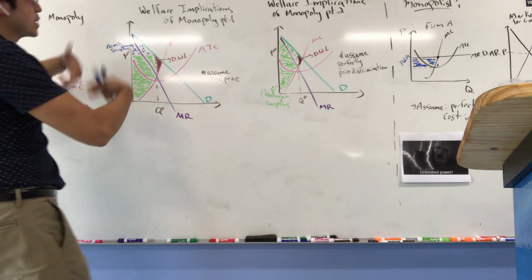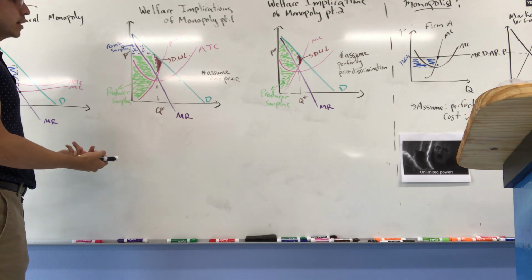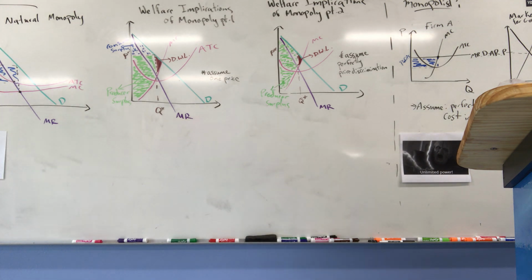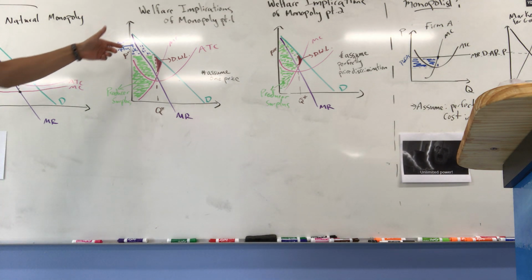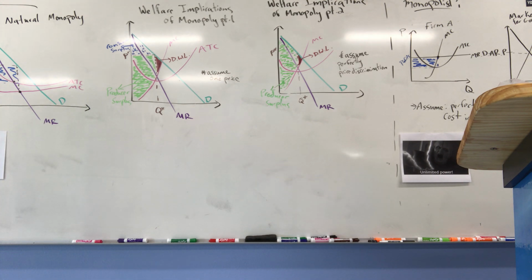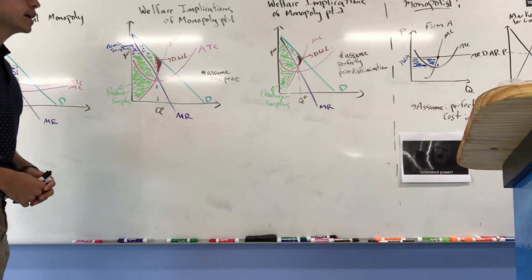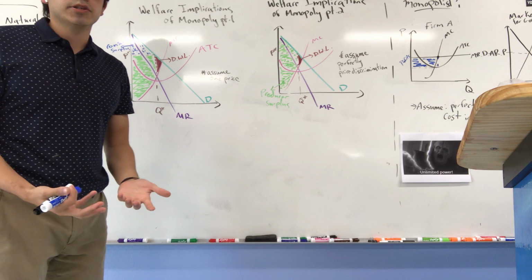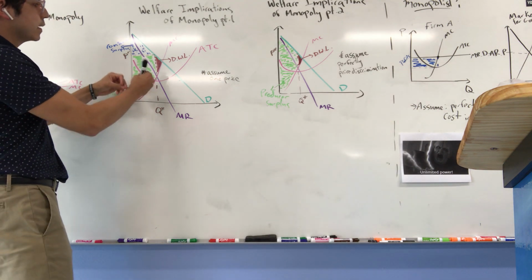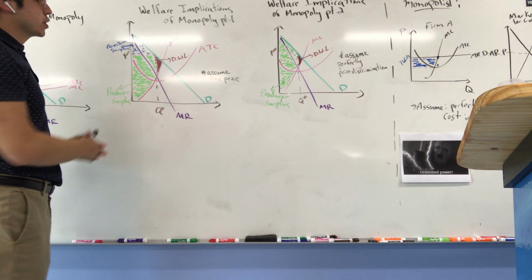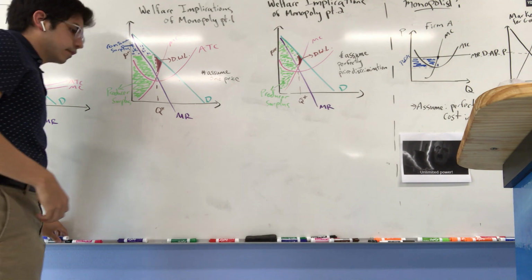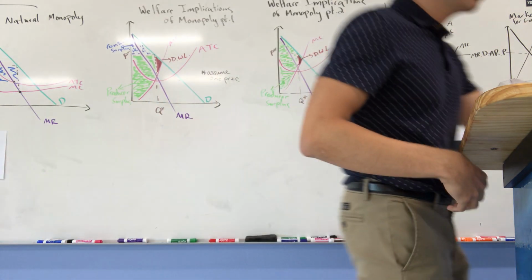And so we have some consumer surplus, but we know that monopolists often engage in what is called price discrimination, to eat up some of the consumer surplus.